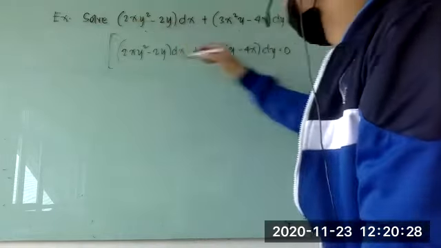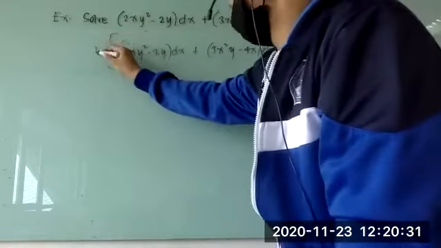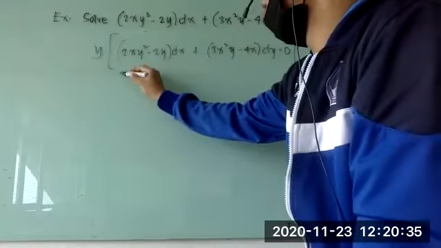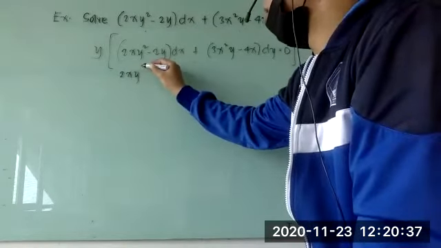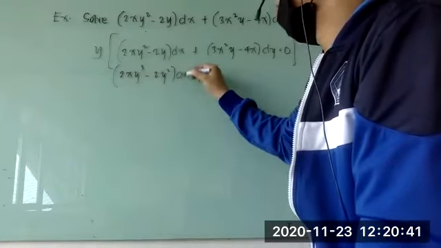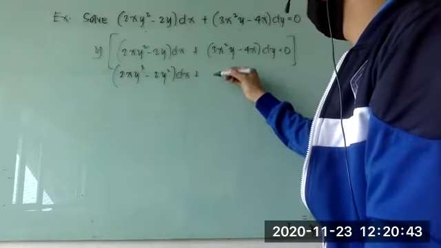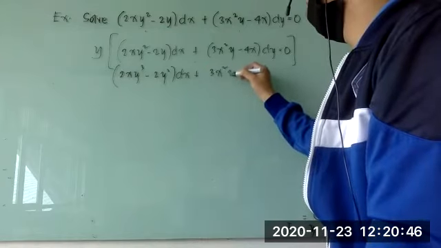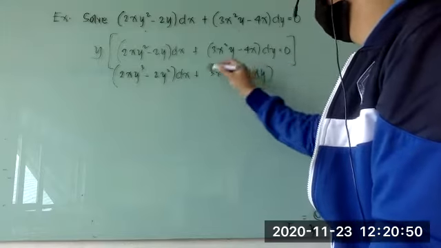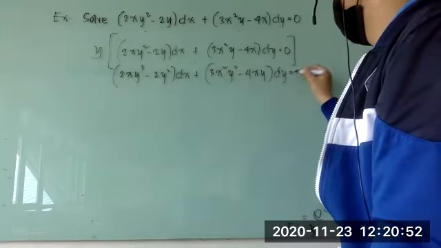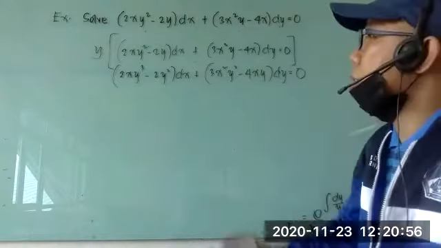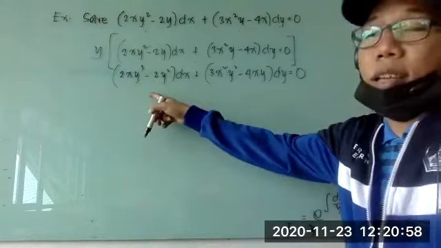We multiply the entire equation by the integrating factor y to make this an exact equation. So the first term becomes (2xy cubed minus 2y squared) dx plus (3x squared y squared minus 4xy) dy equal to 0.